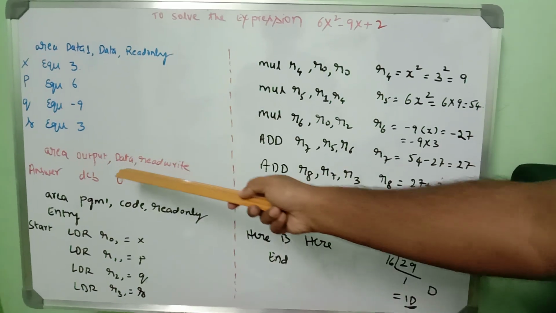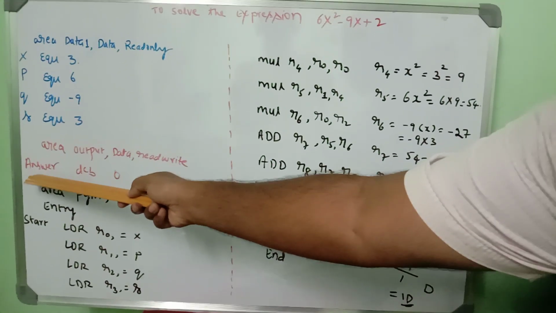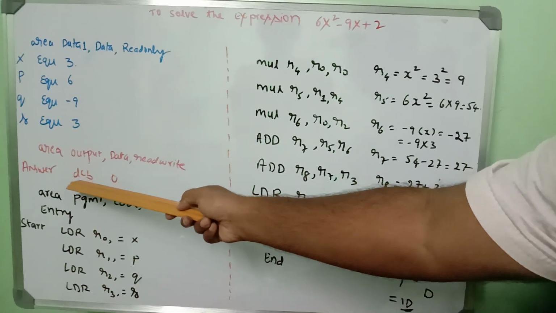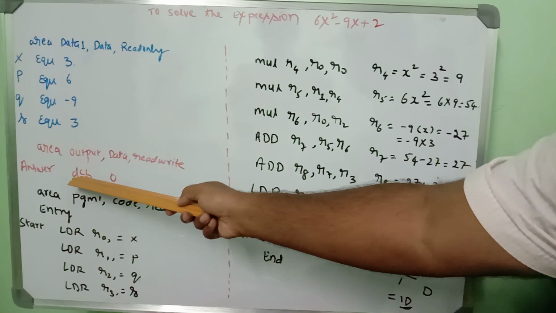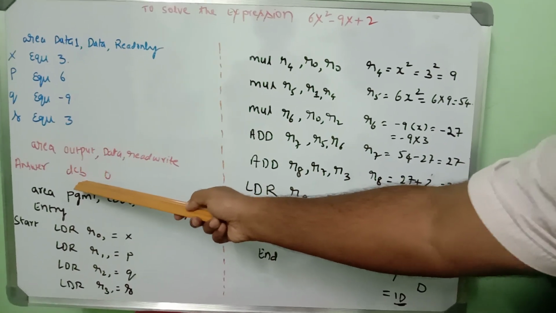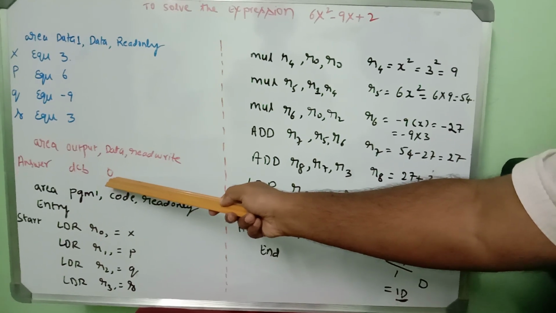Then there is another segment where I have chosen answer as the name of that location. DCB, define constant byte, is the assembler directive with which I can reserve a byte of location, which presently I have filled up with 0.